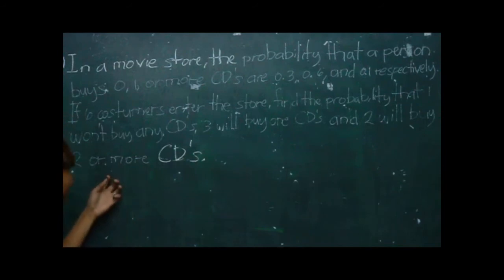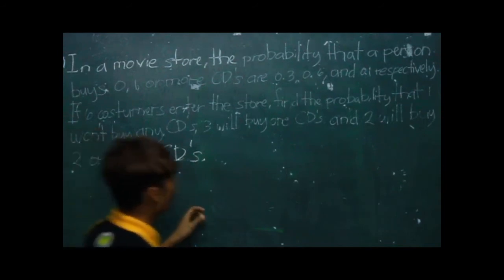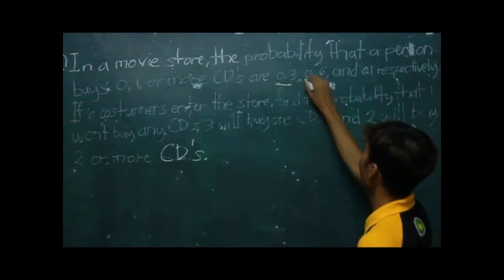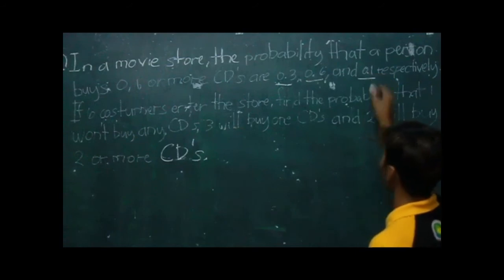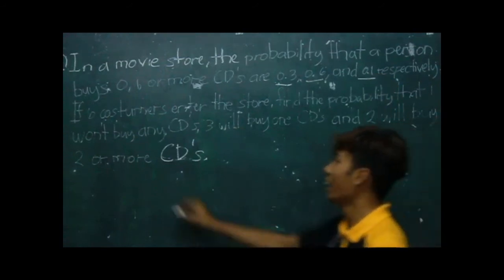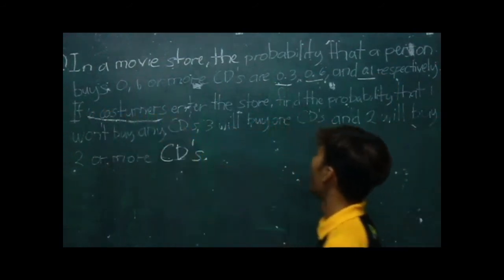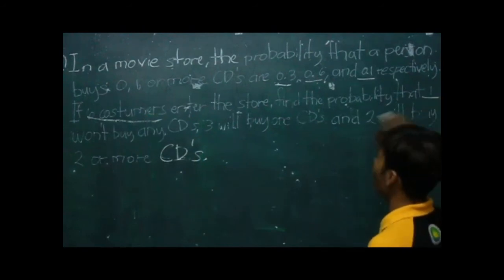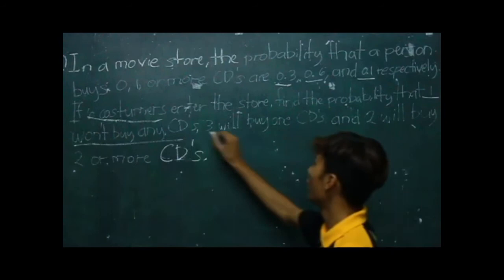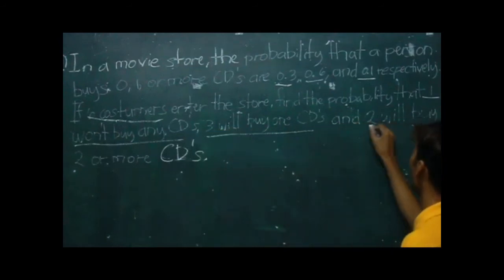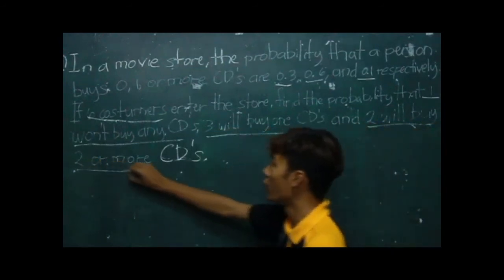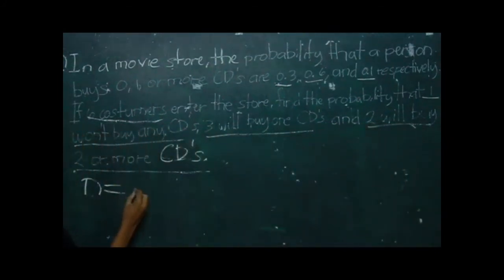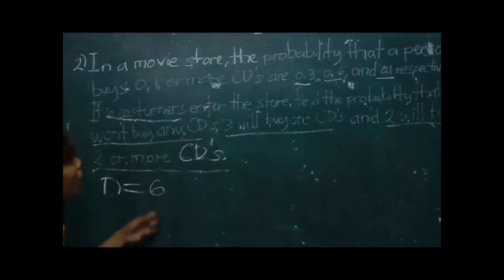As you can see in the problem, there are 3 probabilities: 0.3, 0.6, and 0.1. Our n is 6 customers.